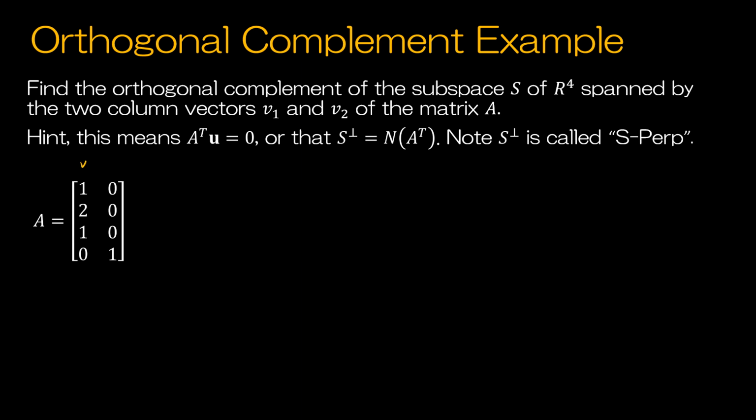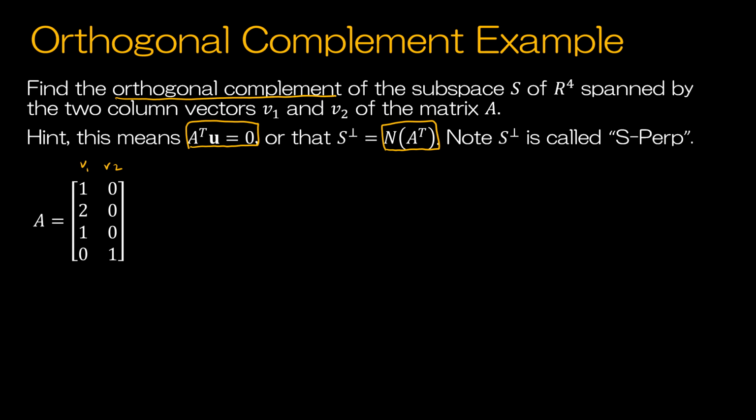We're trying to find S perp. Keep in mind that means A transpose U is equal to 0, or in other words, we're talking about the null space of A transpose.